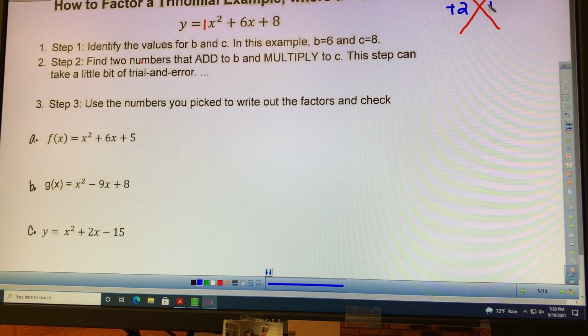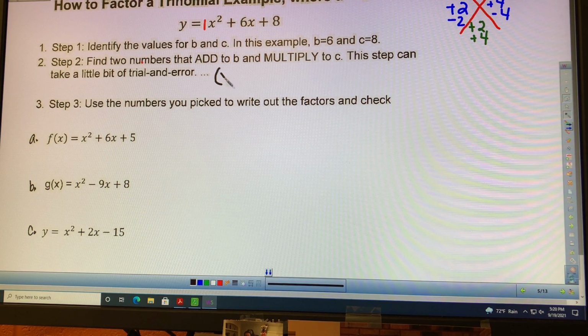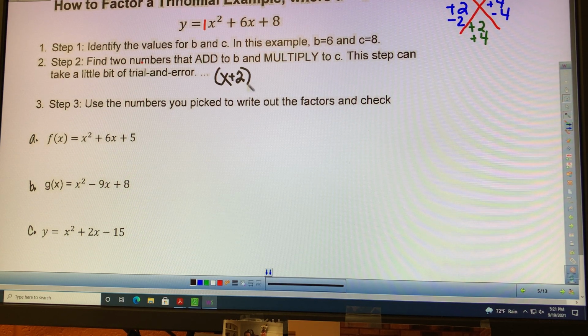Positive 2 and positive 4, and negative 2 and negative 4, right? But then we want them to add to positive 6. So the only thing that can be is the positive 2 and the positive 4. So that means our factors would be x plus 2 and x plus 4.